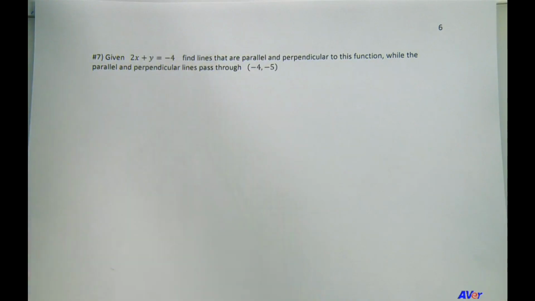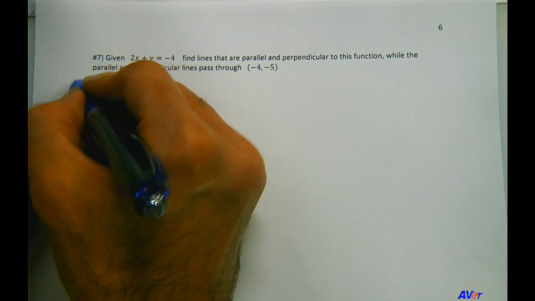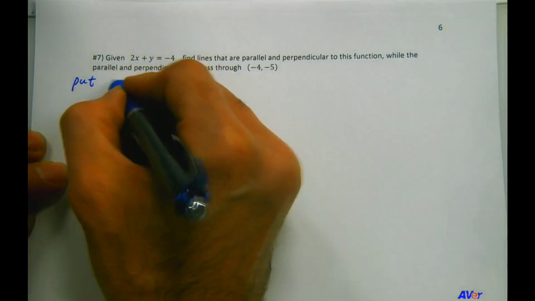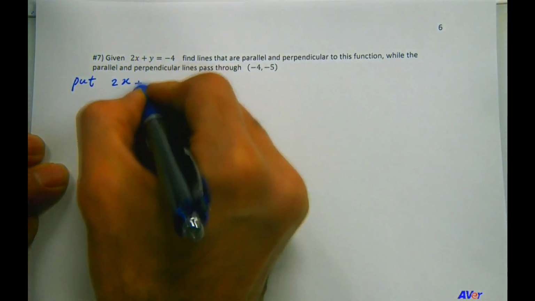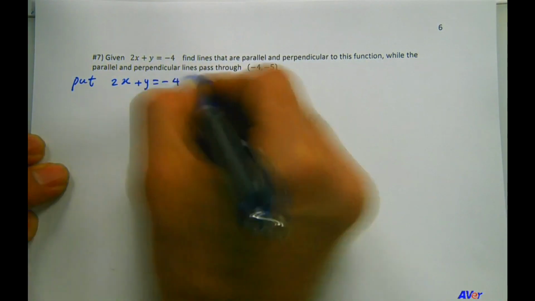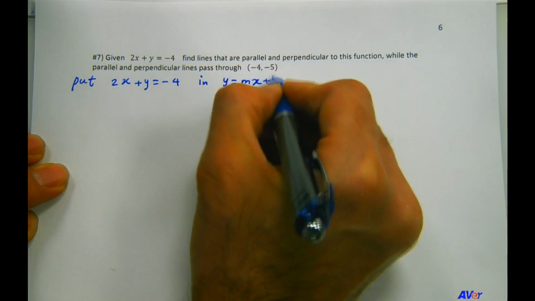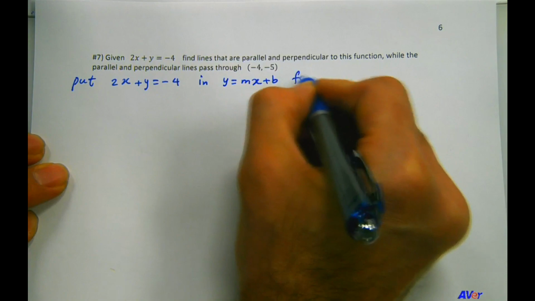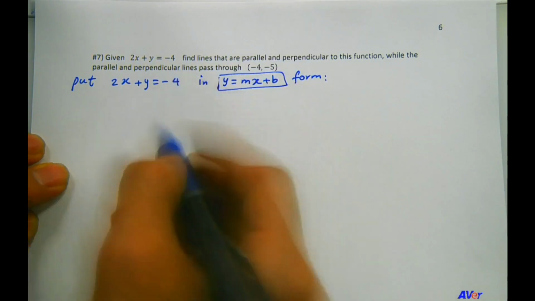We can easily put it in that form, right? So put 2x plus y equals minus 4 in y equals mx plus b form. Okay, in this form. Let's do it.